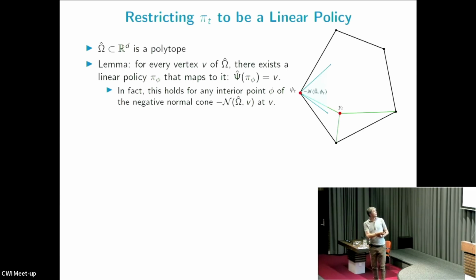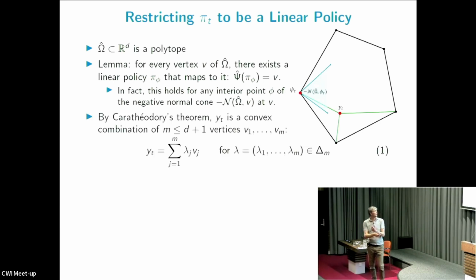And the way to do it is to say, whenever we get an output from the linear bandit algorithm inside this omega hat, we're going to decompose it as a convex combination of a small set of vertices. The number of vertices you need is at most the dimension plus one, at least if you don't worry about computation. So there exists a small number of vertices such that I can decompose the play as a mean of them.